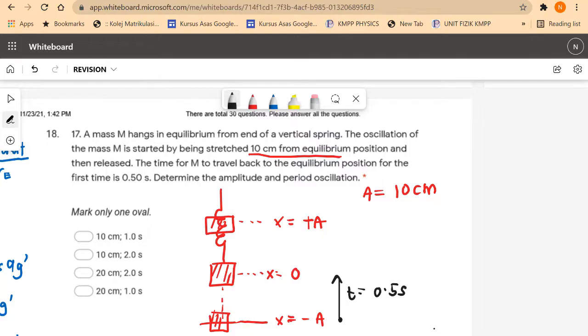Period is the time taken to make one complete oscillation. It is from negative A to x equals 0, and then to the positive A, and then from positive A to equilibrium position, and then back to negative A. So this is one complete cycle.